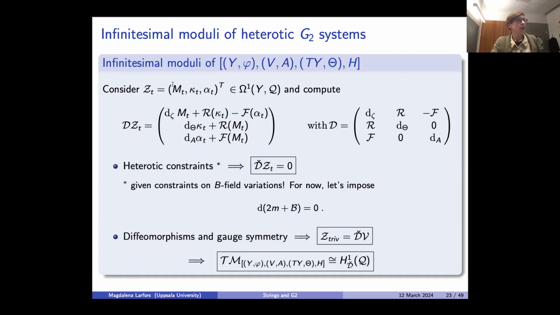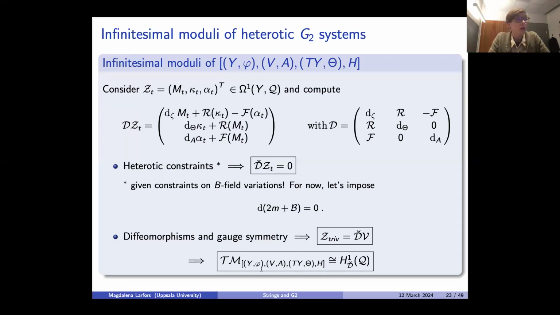And we can show that the heterotic constraints that should be satisfied on the variations translate to these fields being D-check closed, under the assumption that the B field variations satisfy this constraint. So if we impose this constraint, then these constraints from heterotic supersymmetry correspond to this D-check closed condition on these bundle valued fields.